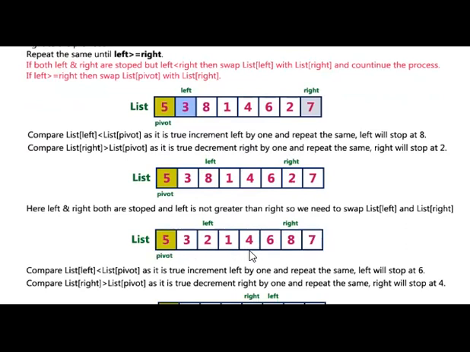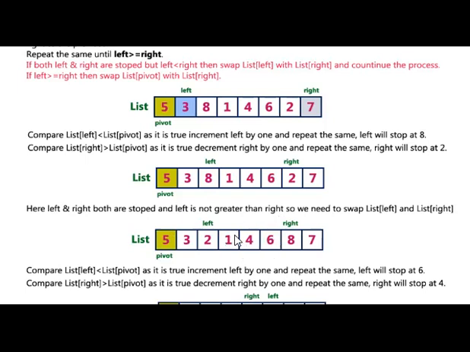So the list becomes 5, 3, 2, 1, 4, 6, 8, 7. Then the left element is incremented to the first one, and the right side is moved to 6.